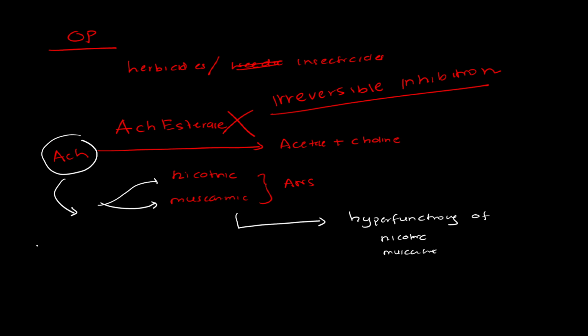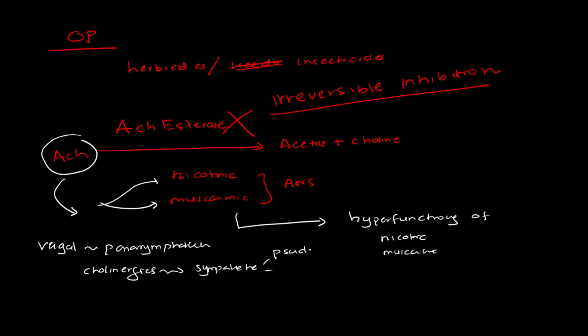Acetylcholine has implications on the vagal system or the parasympathetics, usually parasympathetics, and a few cholinergics of the sympathetic system, especially regarding pseudomotor action or the action of the erector pili muscles.